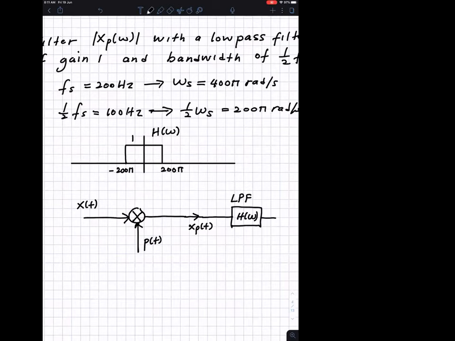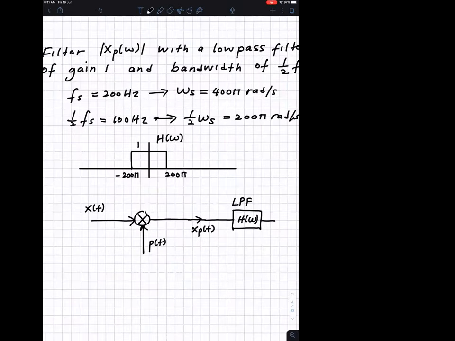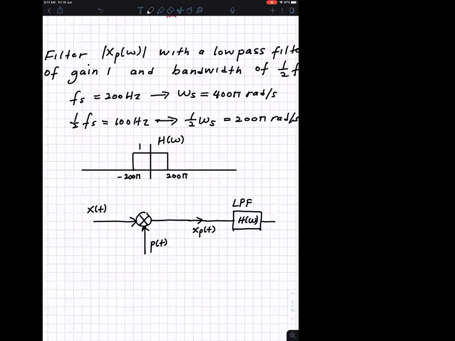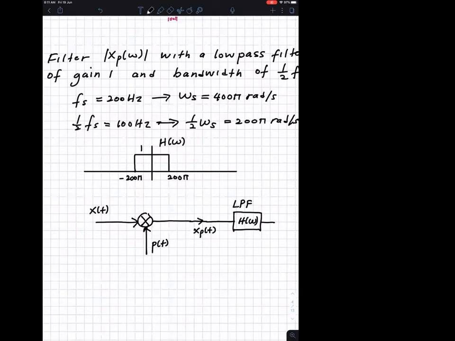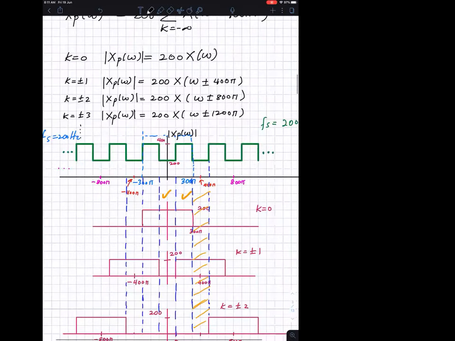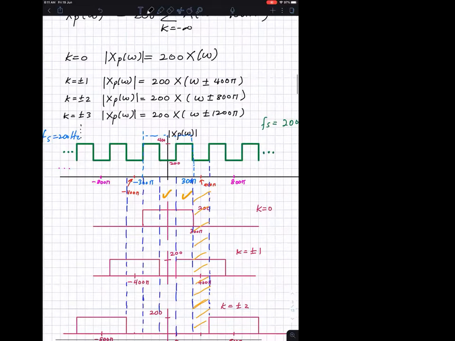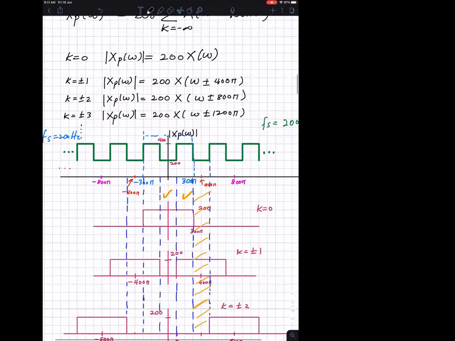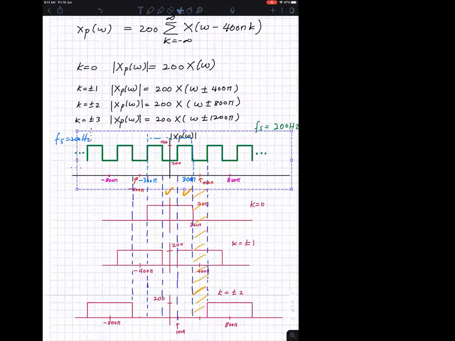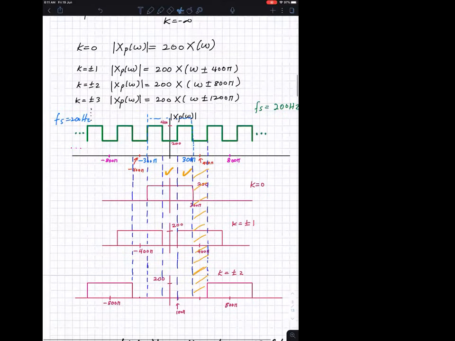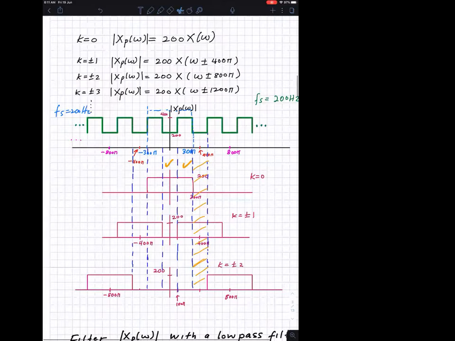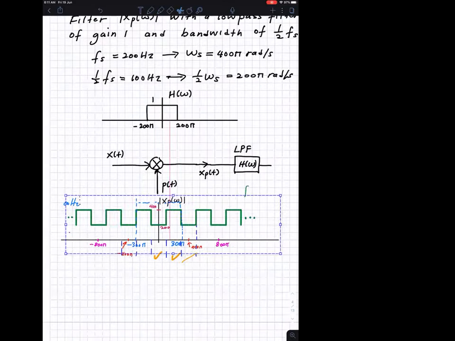After going through this, this is the amplitude spectrum before filtering.